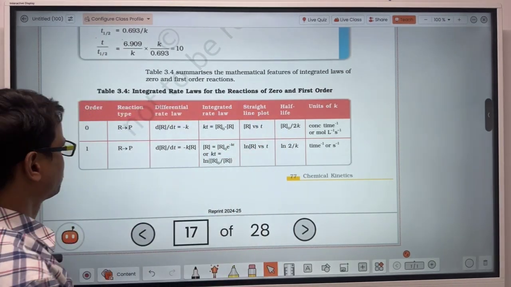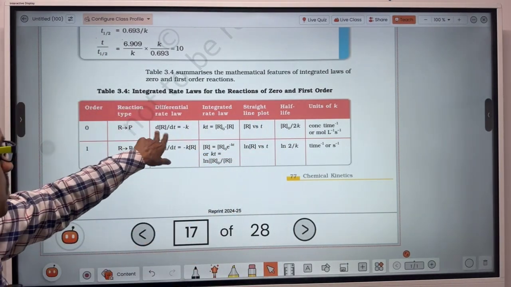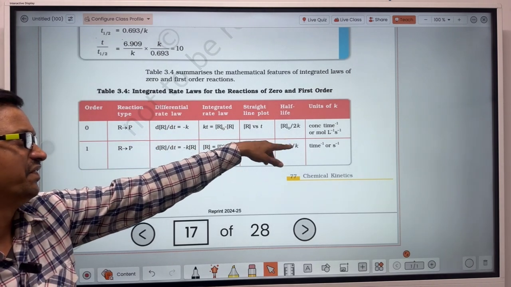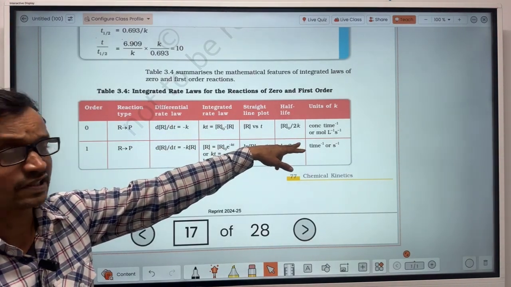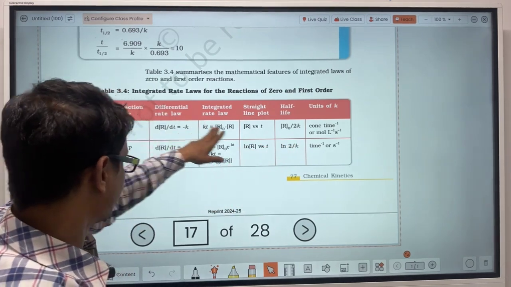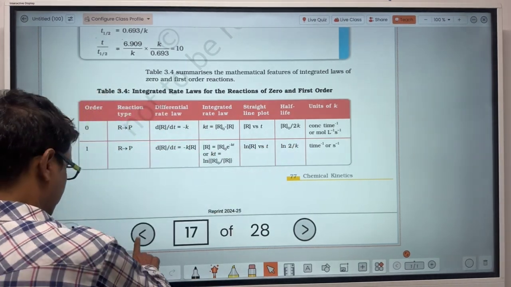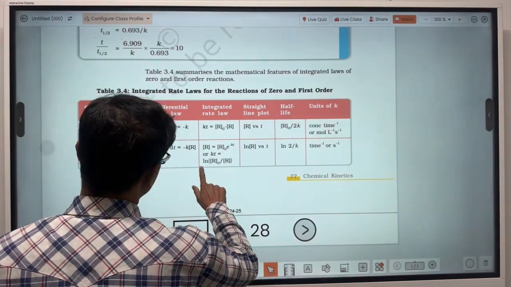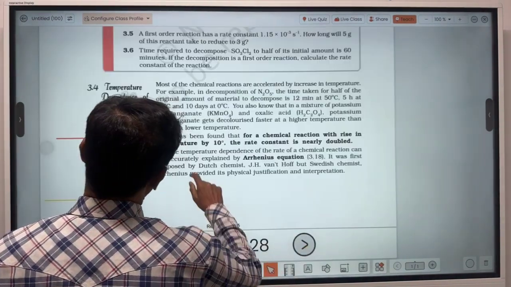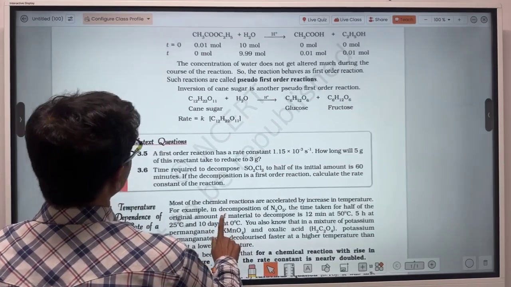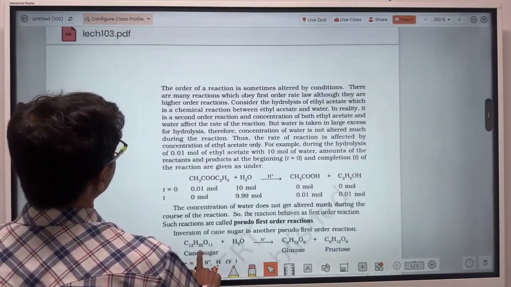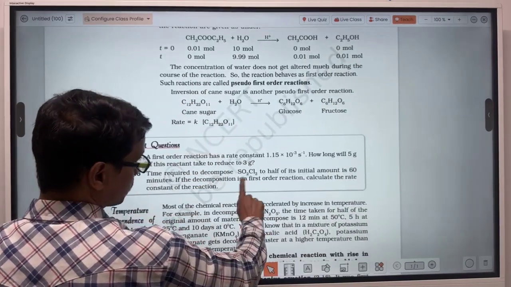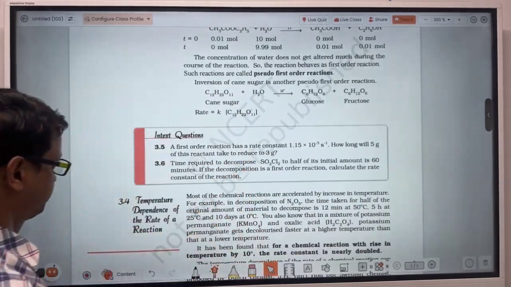So if we plot this one, the differential rate law is dR by dt equal to minus kA, and the integrated rate law is this one. Very easy to understand. We have already discussed this table. Let's solve this question. And about the pseudo first order reaction we will discuss later on. But firstly, watch out how to solve this question.